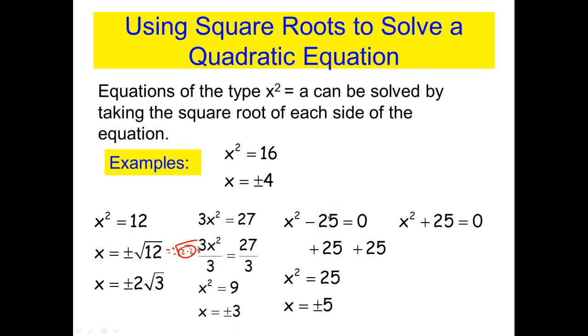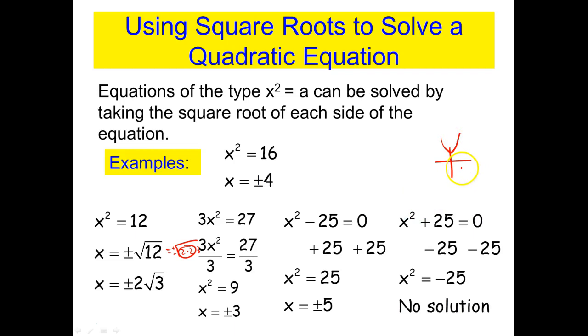In a situation where we have x squared plus 25 equals 0, we would subtract 25 from both sides, take the square root, and we can't take the square root of a negative number. If you connect this to what the graph might look like, this would simply be the parent function shifted way up 25, and so you can tell that it never hits the x-axis.